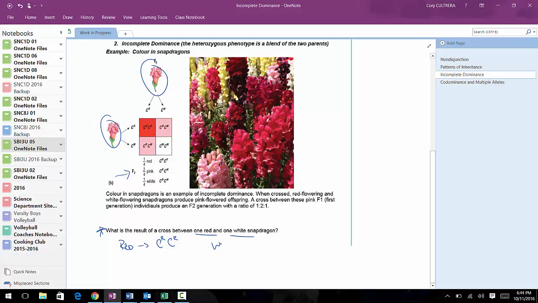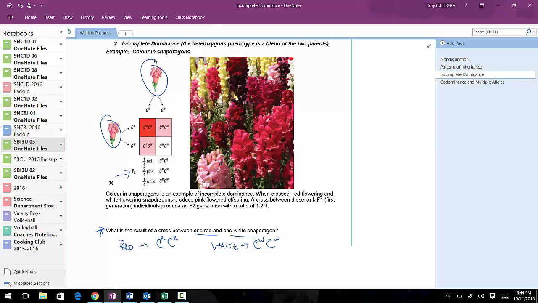And our white snapdragon would be the opposite. So we'd have a C with a W and a C with a W, because again, the white flower can only be present if that flower has two copies of the white allele.